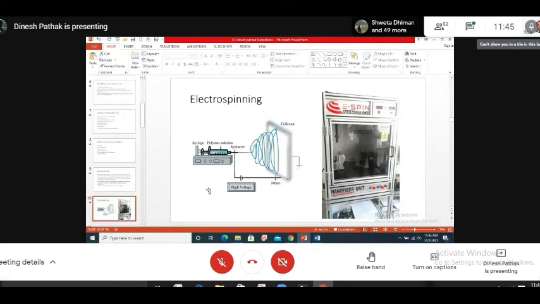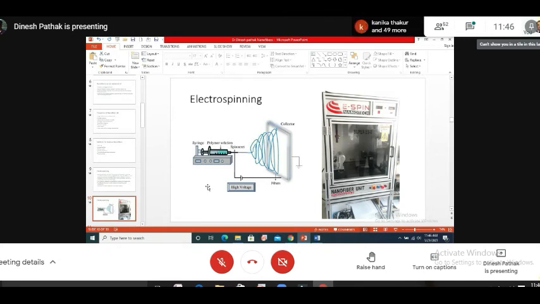Later, the blended nanofiber can be used as it is, and if we wish to remove the polymer, it can be calcinated. Calcination is a process where we heat the final product at high temperature to remove the extra precursors, and then we can have titanium oxide nanofiber or other metal oxide nanofiber.